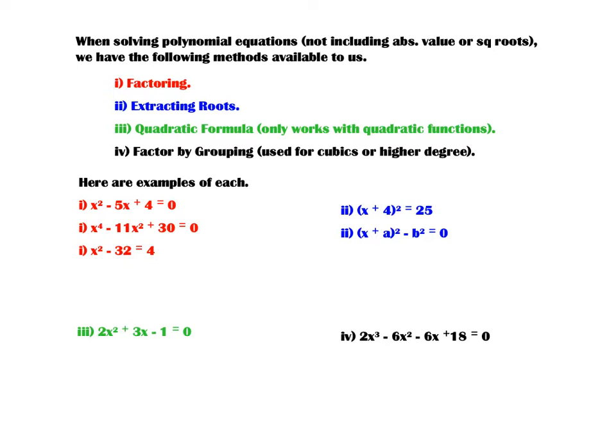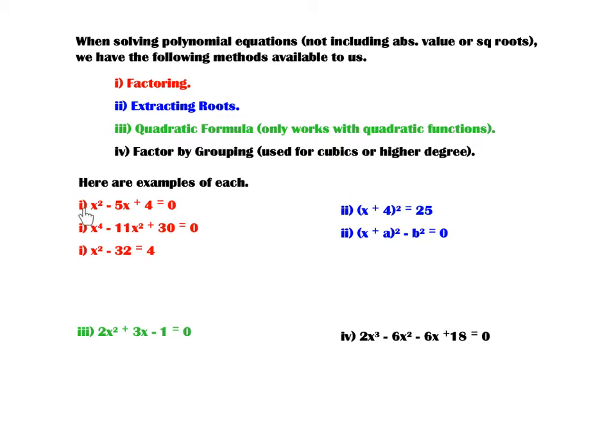Now the quadratic formula only works with a quadratic function setup, okay? It can work for higher degree polynomials, but they're very unique, and we might see a couple of those throughout the semester. And number 4 is factor by grouping.